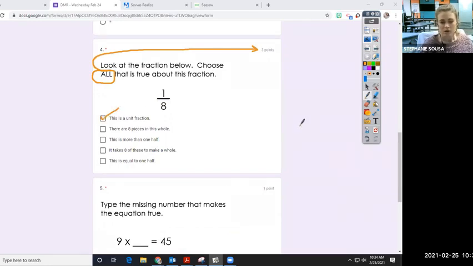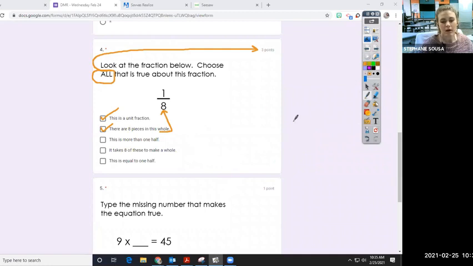Correct. Unit fractions are 1 part of a whole, and 1/8 is 1 part of a whole with 8 pieces. There are 8 pieces in this whole. Correct. The number of pieces in the whole is the denominator. The denominator is 8, so there are 8 in there.